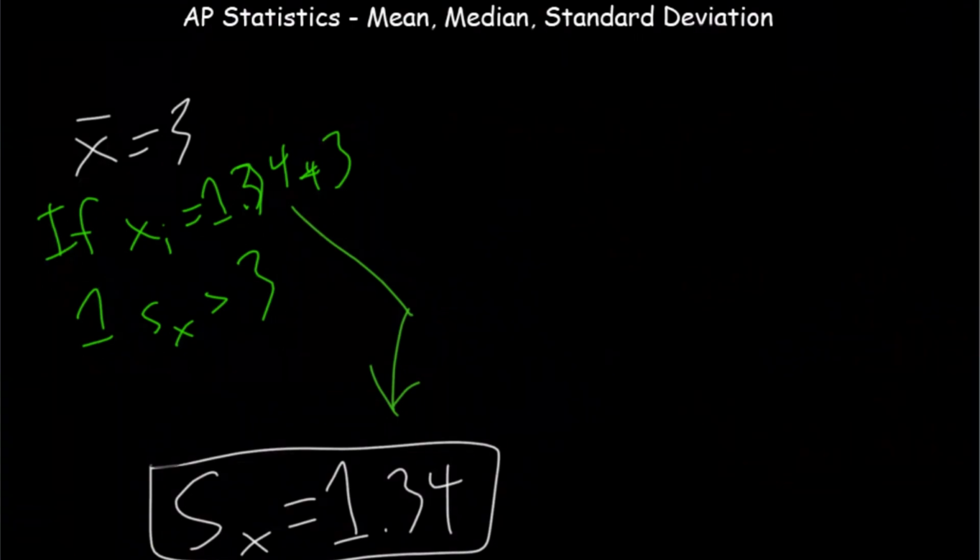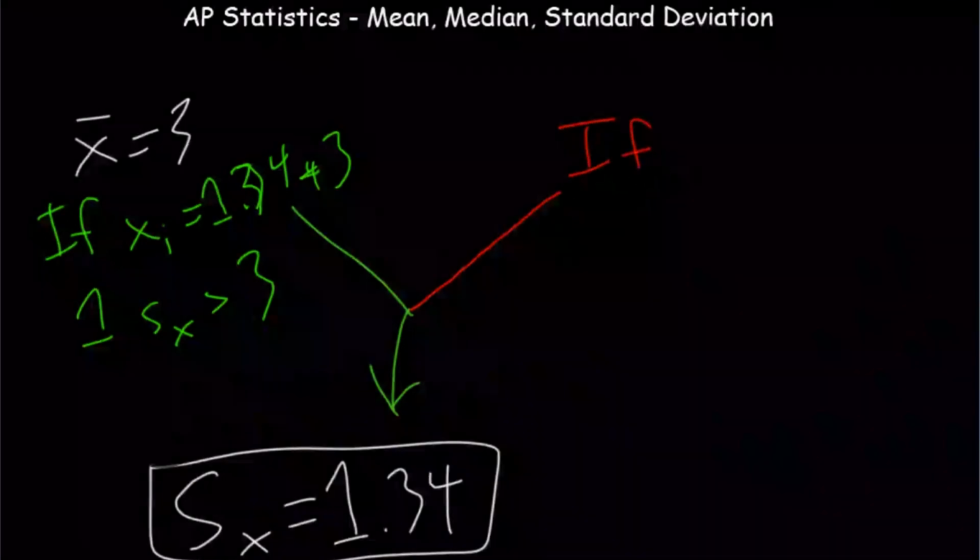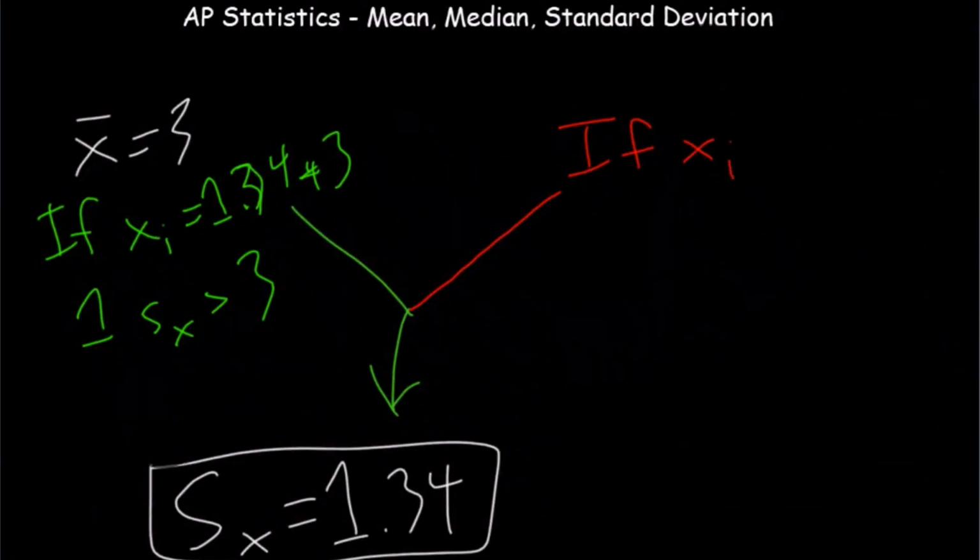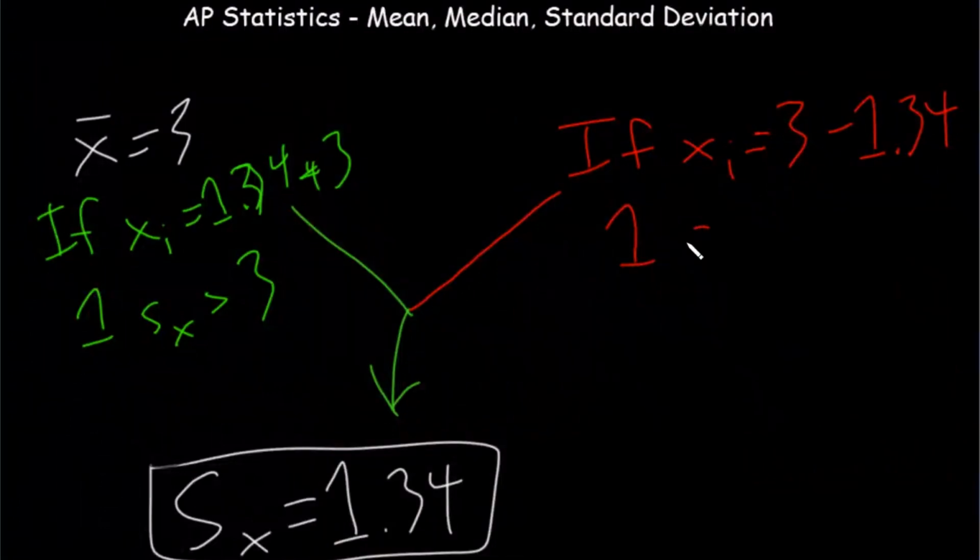Because that's one standard deviation. Whereas on the other hand, if a value is 1.34 less than 3, then it's one standard deviation less than 3. So that's basically what it means conceptually.